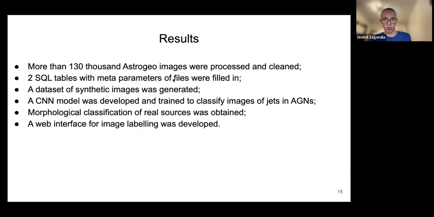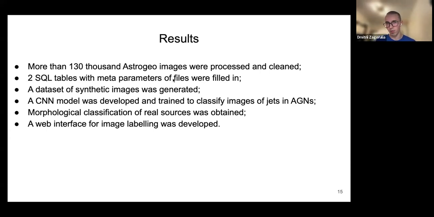All in all, what we have done: we pre-processed and cleaned up the 130,000 Astrogeo images. We filled in 2 SQL tables with some meta parameters that could be used later. And we generated a synthetic image dataset as a training dataset. We developed a CNN model and trained it on our synthetic images.